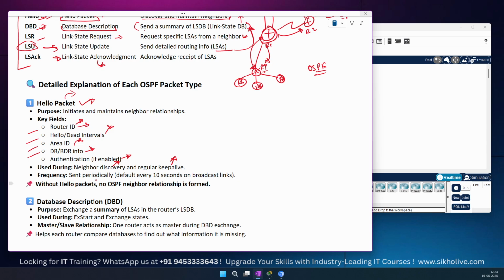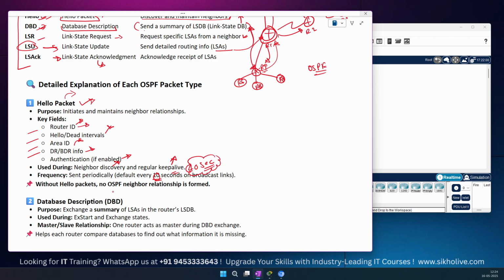Every 10 seconds our router sends the hello message to the neighbor, and the neighbor router replies. If there is no reply, there is the dead timer of 40 seconds, and after 40 seconds the router updates the path.